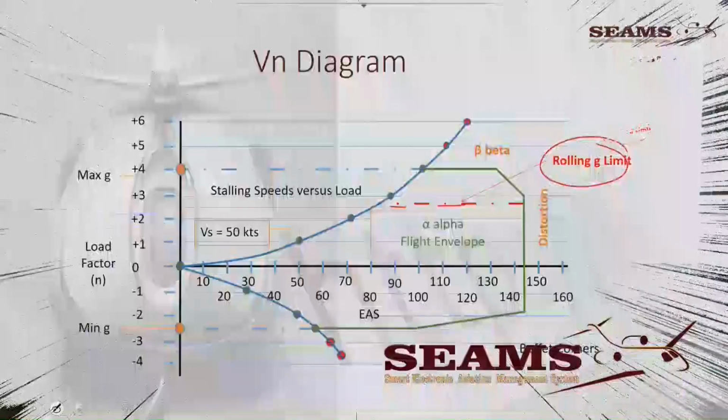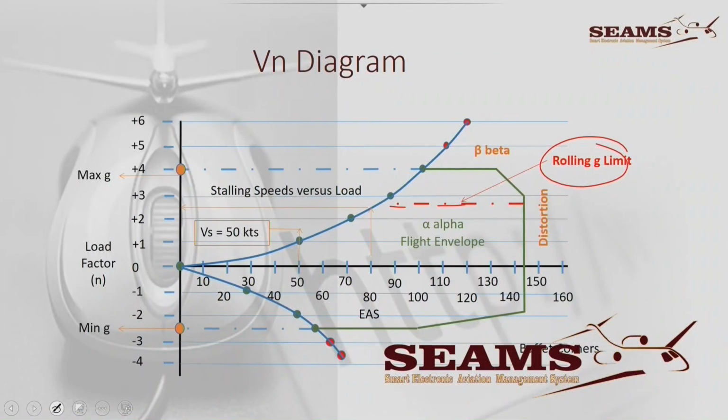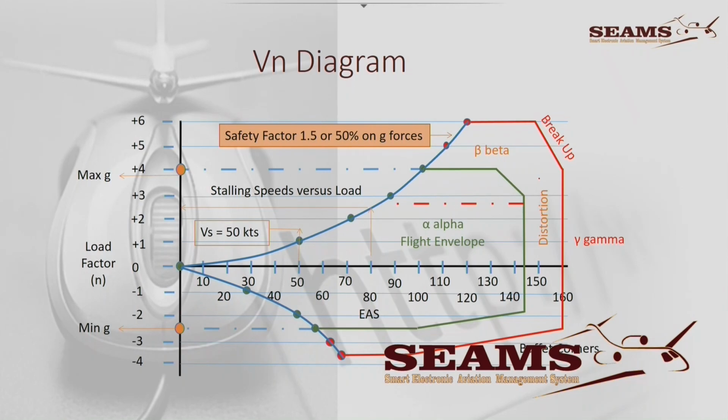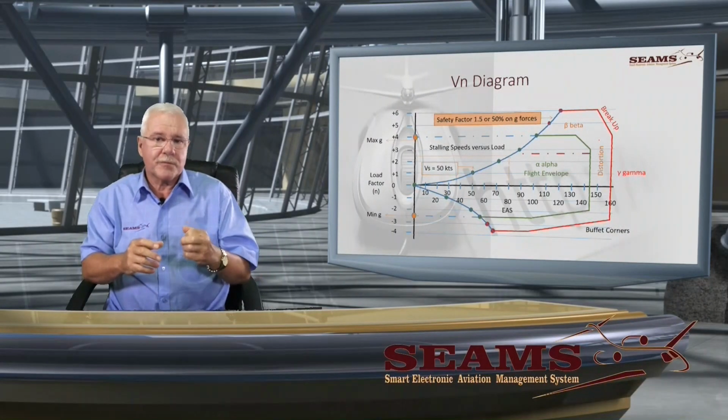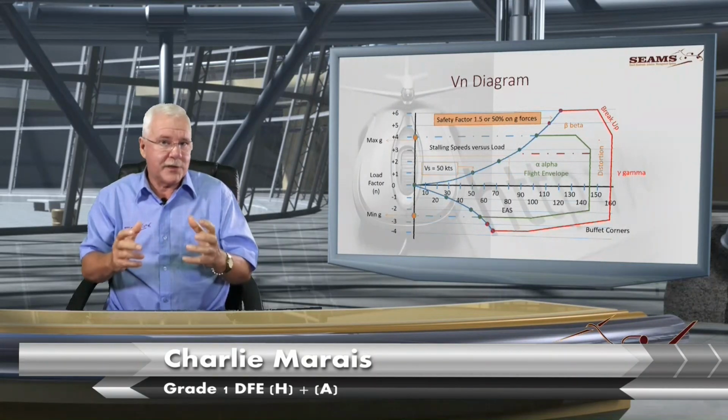But what I would like you to notice here is that this was the alpha range, or the flight envelope, all right? And when you go outside here, you go into the beta. It's just the Greek alpha, beta, gamma. A, B, and you'll see just now, well, not C, but gamma. Alpha, beta, gamma. Beta range is where you get distortion. Now, what they do in design is that they actually use, if I can loosely call it, the fudge factor.